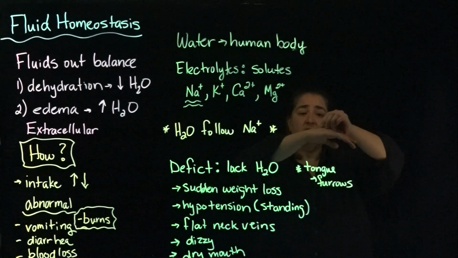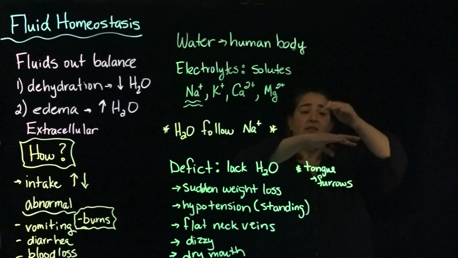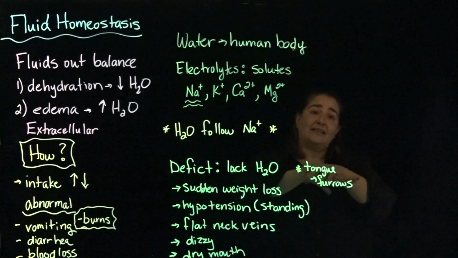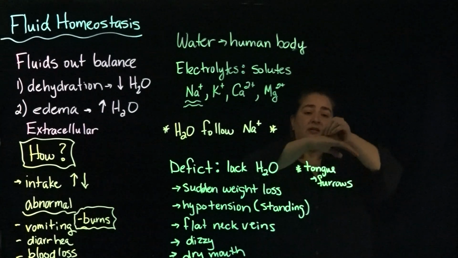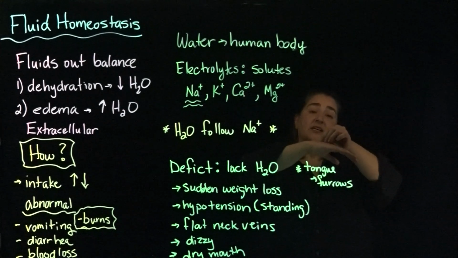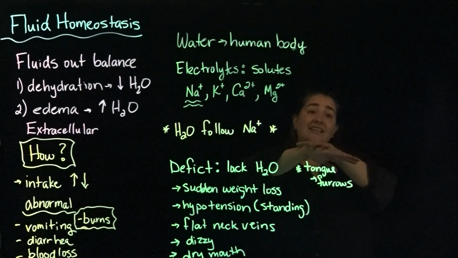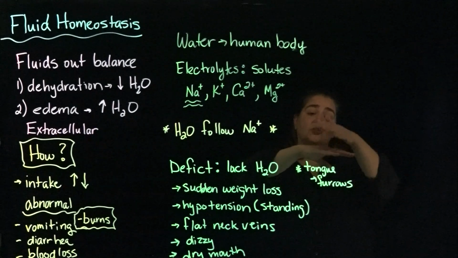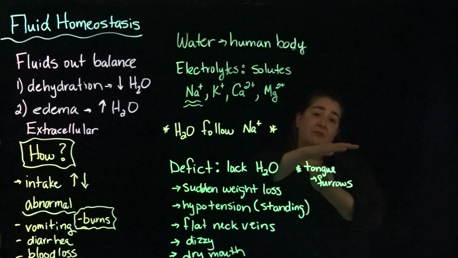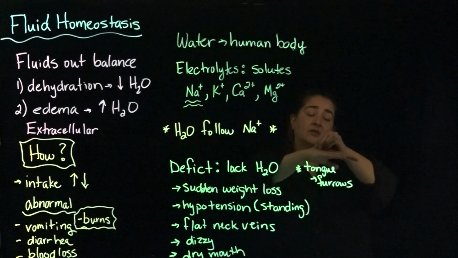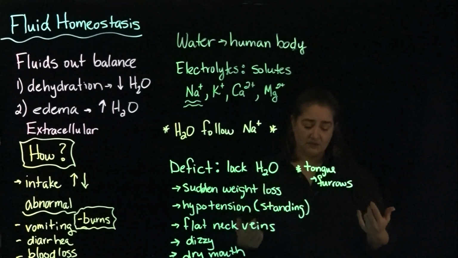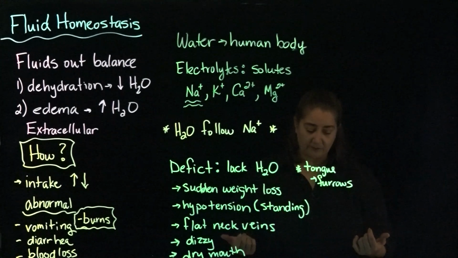When you pull your skin up, if you're well hydrated, that skin should go back down quickly. But if the skin stays tented or stays up, that's because there's not enough fluid in the areolar connective tissue to bring everything back to normal. So that can be a good way to test for dehydration as well, okay?